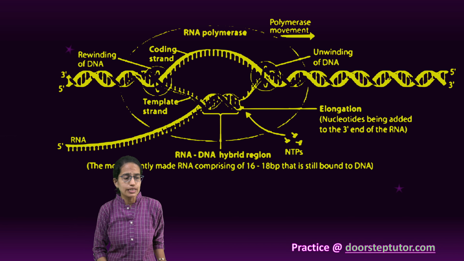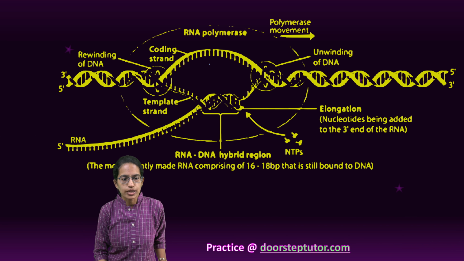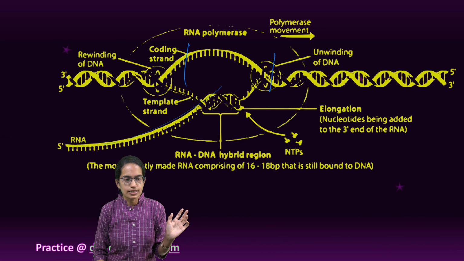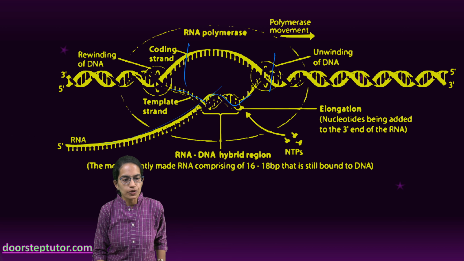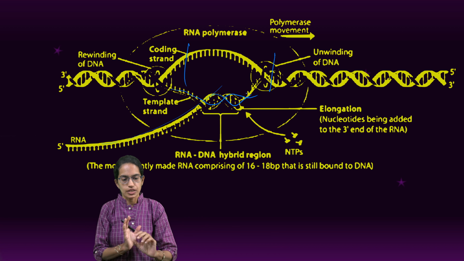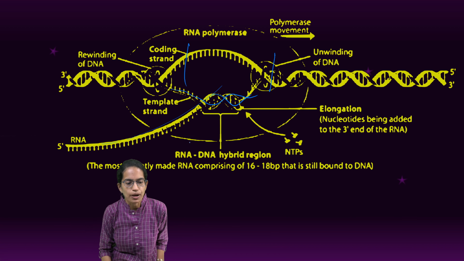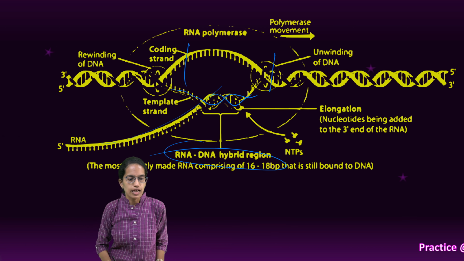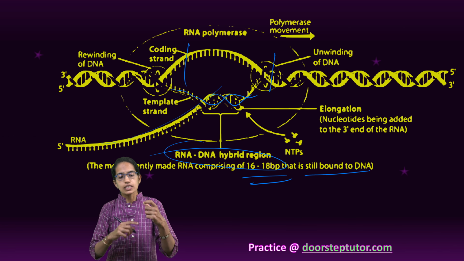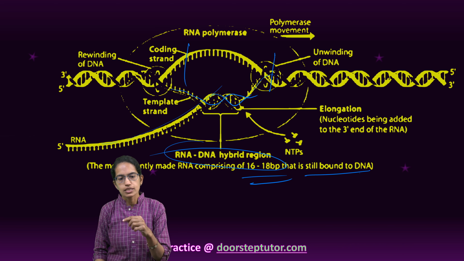As you can see, here is the DNA strand. Unwinding of the DNA strand takes place and the new RNA strand would start to bind with the existing DNA which was untwisted in the specific region. The region where it would bind is known as the DNA-RNA hybrid and most recently it is 16 to 18 bp, which is still bound to the DNA because it is still part of the DNA.